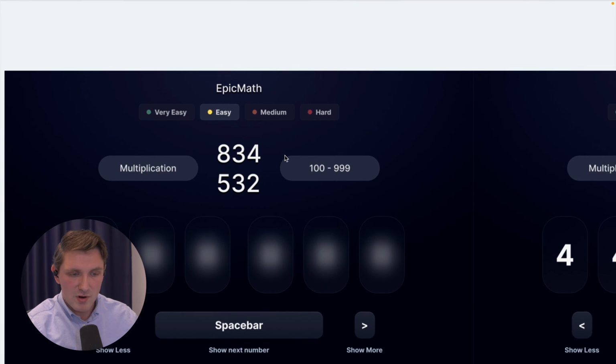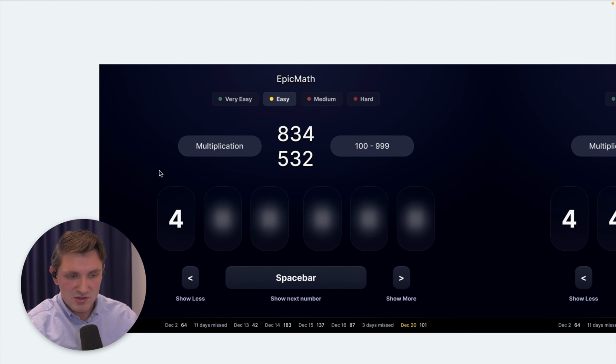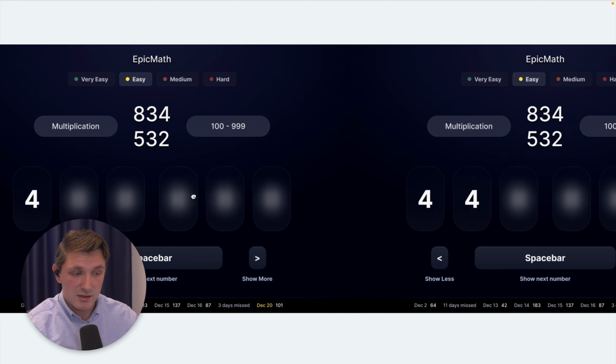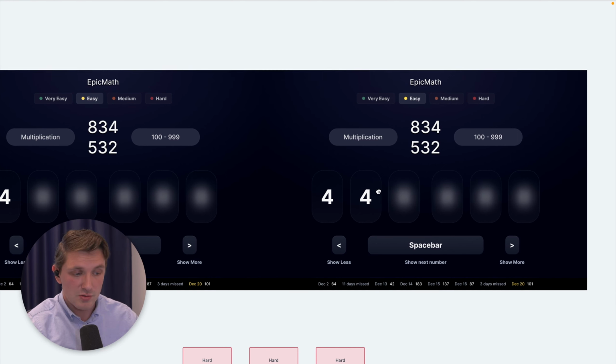And that's kind of where the software comes in. So if you look here, the first thing you start with is just the first number. And then you click, and you keep trying to become better at this. Eventually you will get much better. Then when you go to the next bar, you click again, space, you show more.